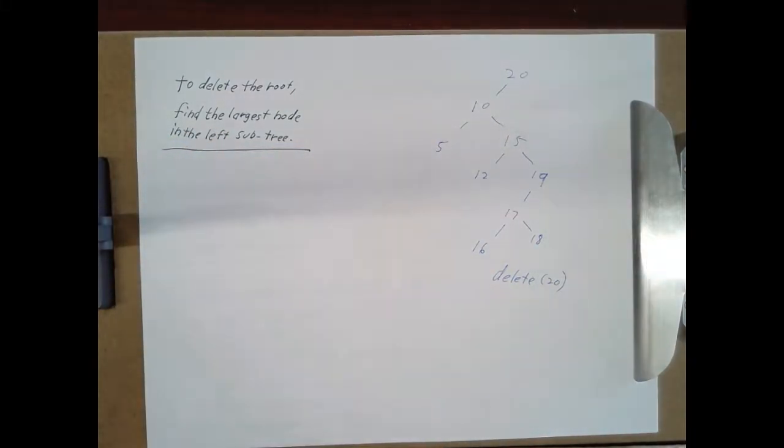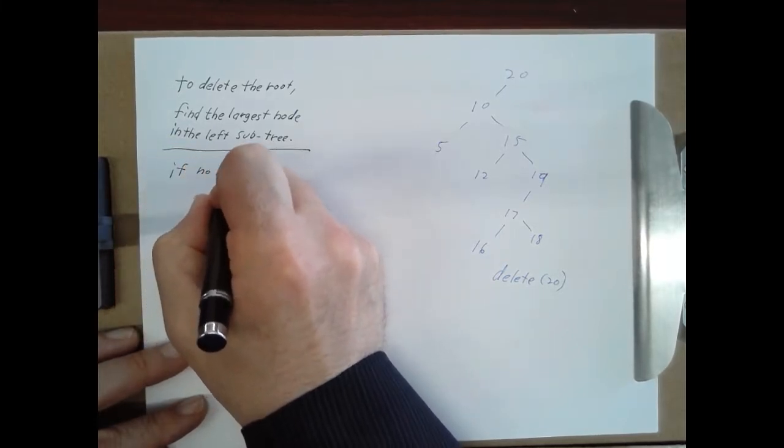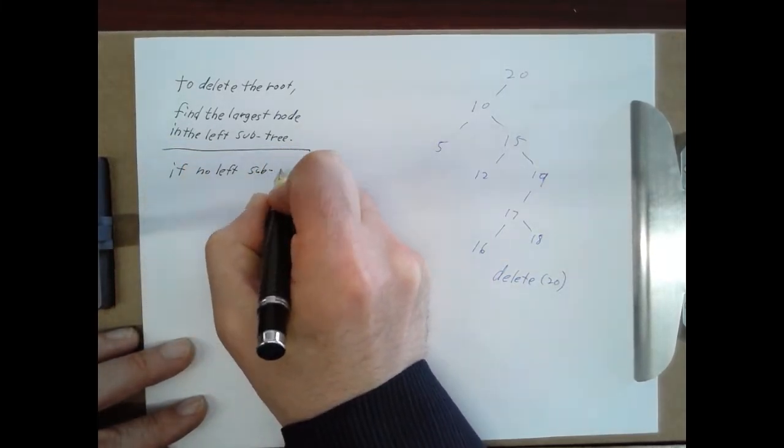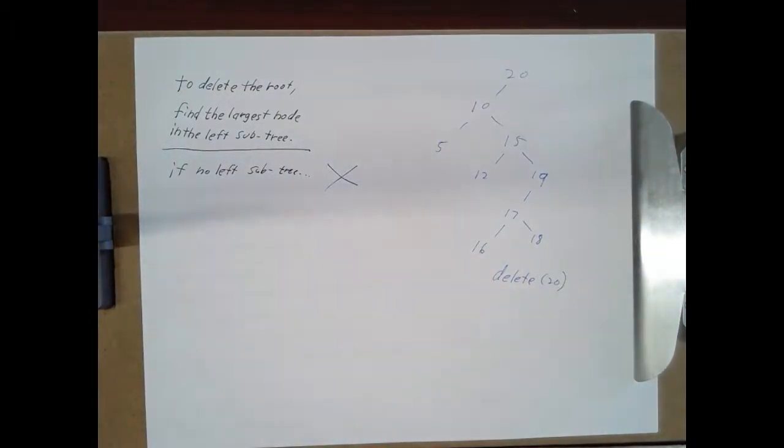So how do we do this? Well, there's some edge cases. If there's no left subtree, but I'm not going to give you a case where there's no left subtree. There will always be something on the left other than null for the ODP. But for the sake of the delete algorithm, first you have to check if there is a left subtree.